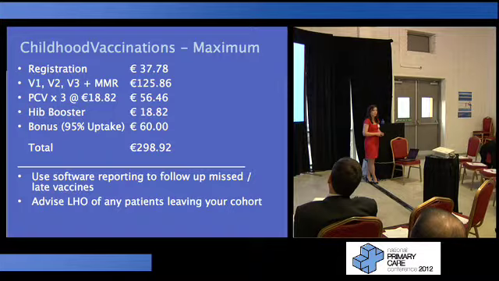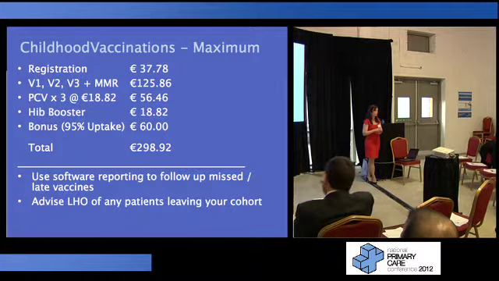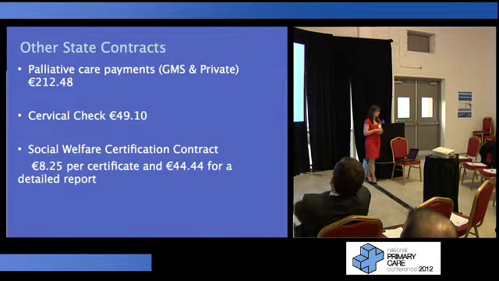The main thing is that practices tend to miss out on the bonus payment simply by not telling the local health office if a patient leaves, because they haven't deducted them from the 95% they have to reach. So it's terribly important that you let the health office know, and maybe pull a report quarterly to notify them of patients who have left your cohort, so that you're sure you will get your immunisation bonus at the end of the year.